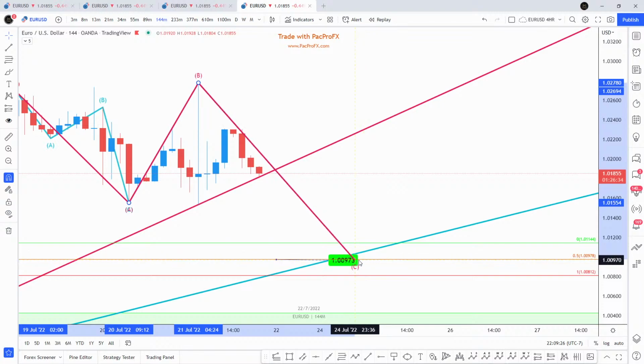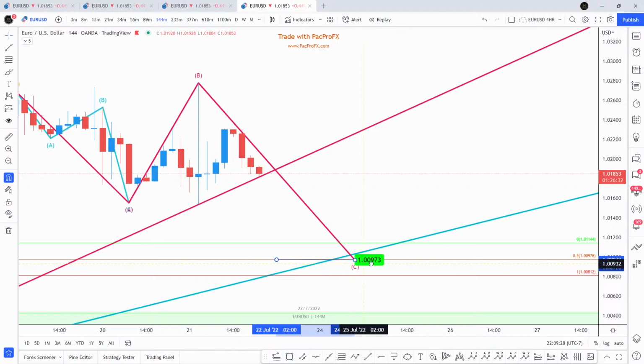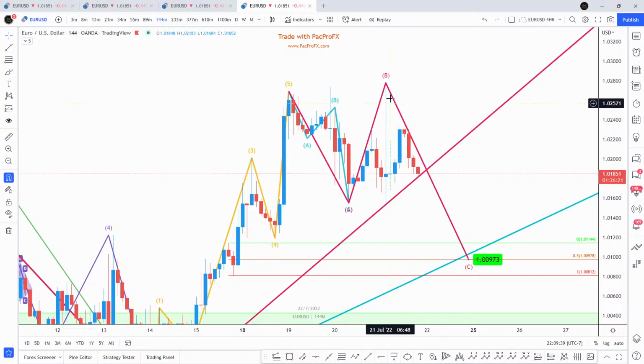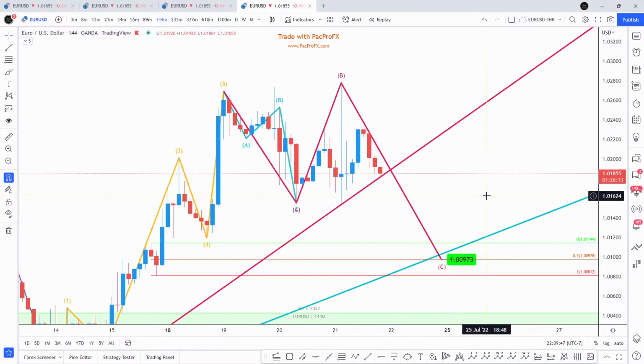It'll look something like this, maybe a 1, 2, 3, 4, 5 wave coming down to finish that wave off. So I think we're going all the way there first.